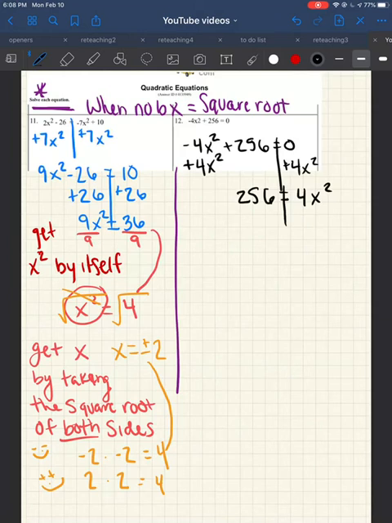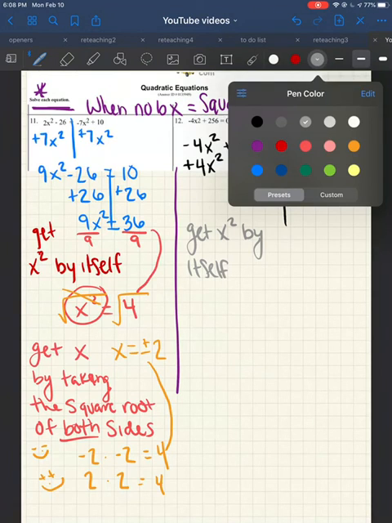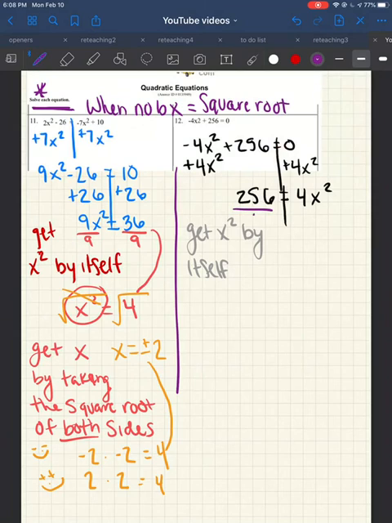Okay, so my next step will be to get x squared by itself. So that means I'm going to have to divide by 4 on both sides. I'm going to switch my x squared to this side. Equals 256 divided by 4, which is 64.